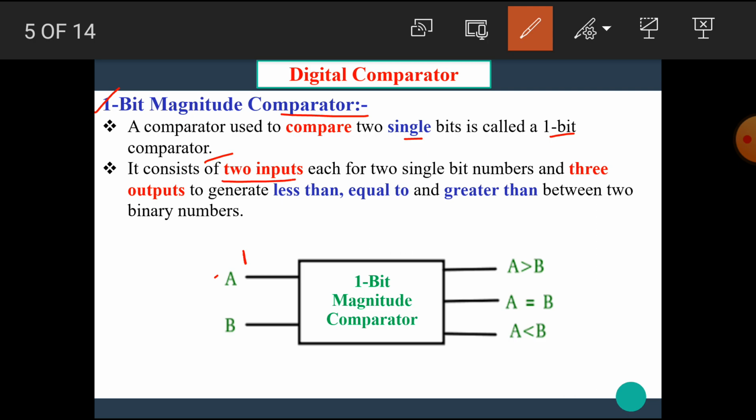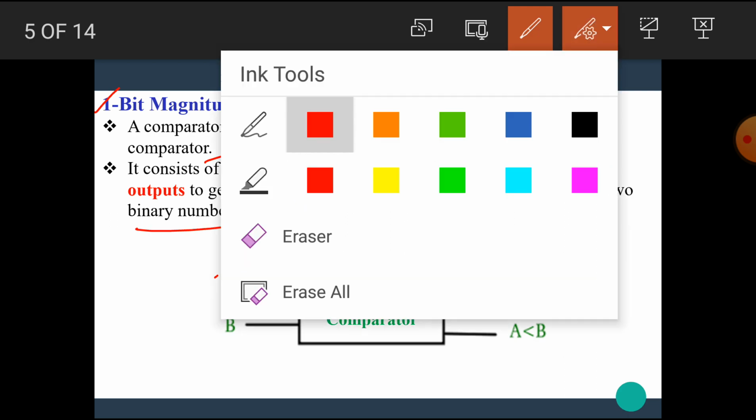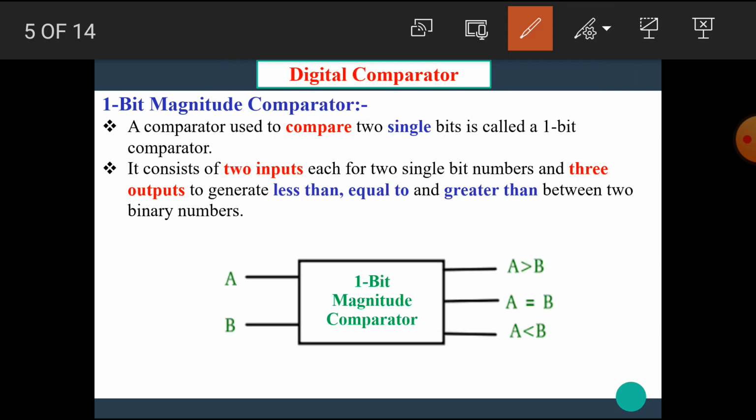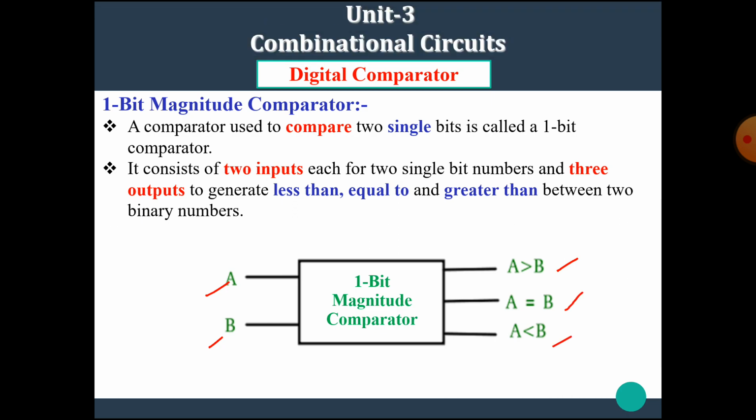It consists of two inputs, each a single bit number, and three outputs, generating less than, equal to, and greater than between two binary numbers. That means here there are two 1 bit numbers A and B, and the outputs of the comparator are A greater than B, A equal to B, and A less than B.